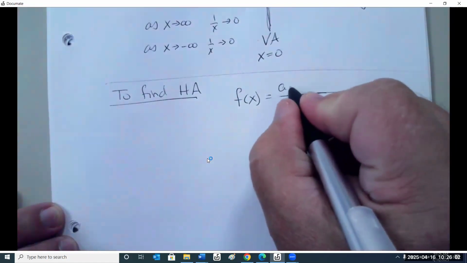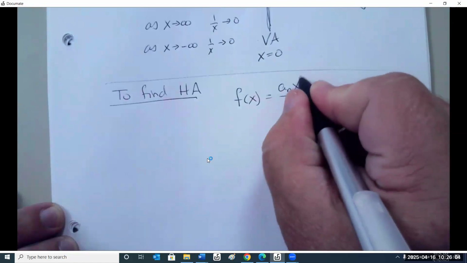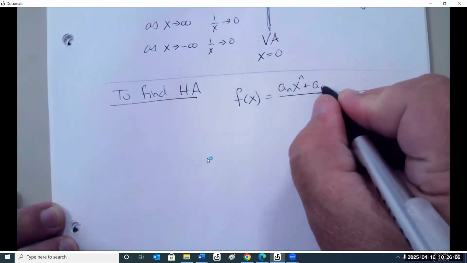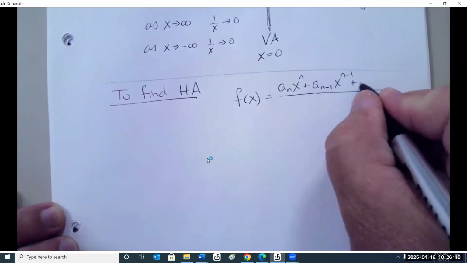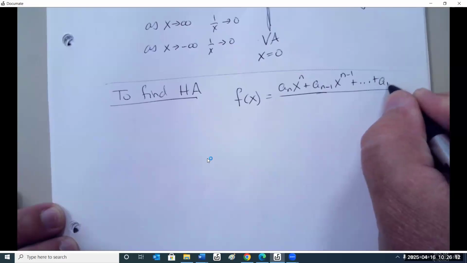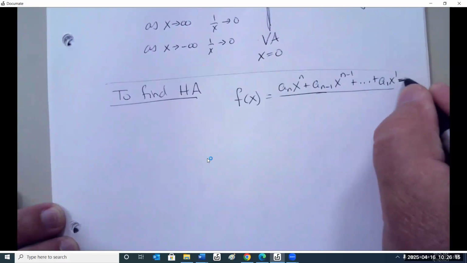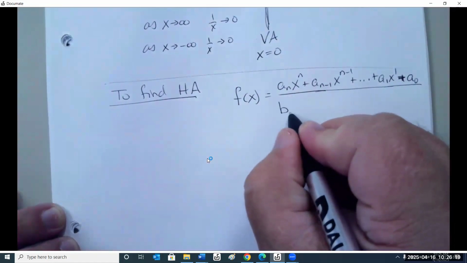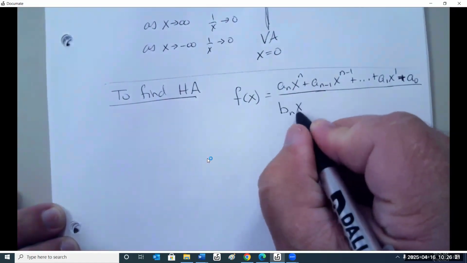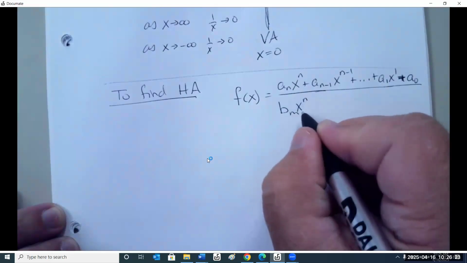So we have a_n x to the power n. These are all polynomials. x to the n minus 1, dot dot dot, a_1 x plus a_0. On the bottom, let's do b's. We'll do b_m's.